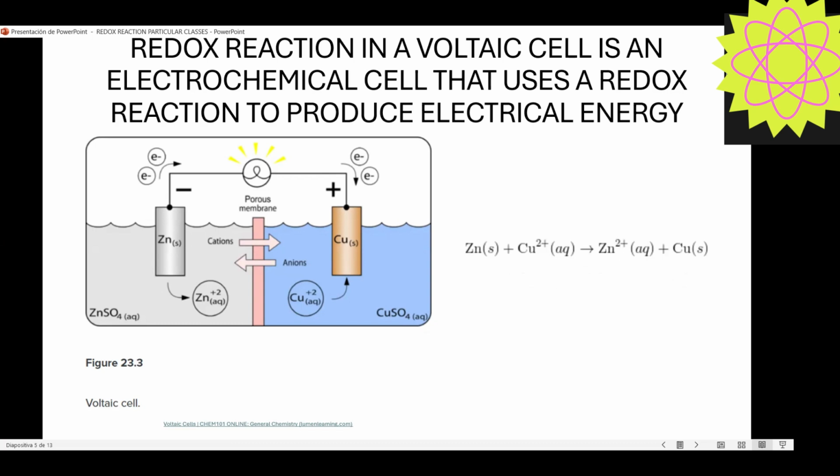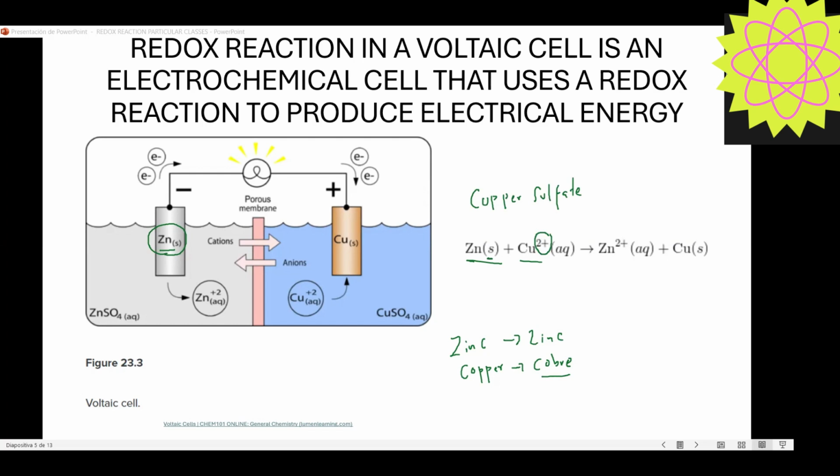So let me explain this equation. What we're going to have here is the copper sulfate. The name for this whole molecule is called copper sulfate. Okay, so zinc is going to be in solid, sorry. And copper is going to lose because we have these two positive charges.